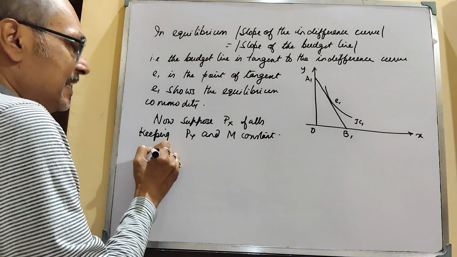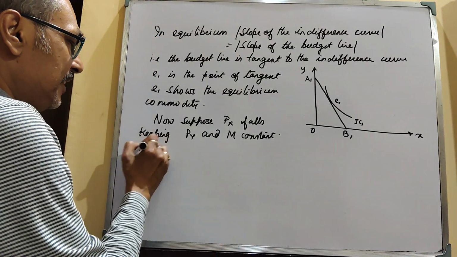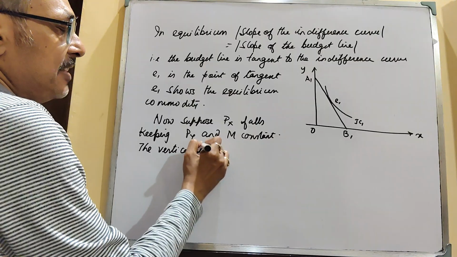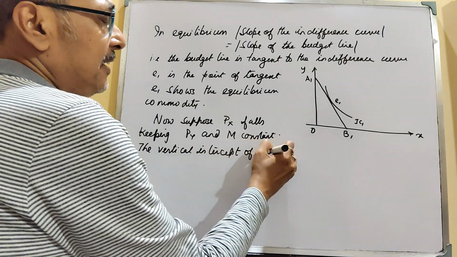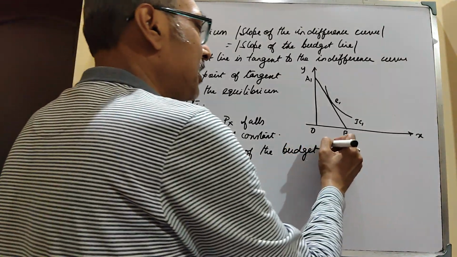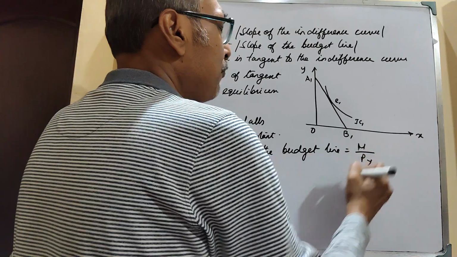The vertical intercept of the budget line is M by Py.